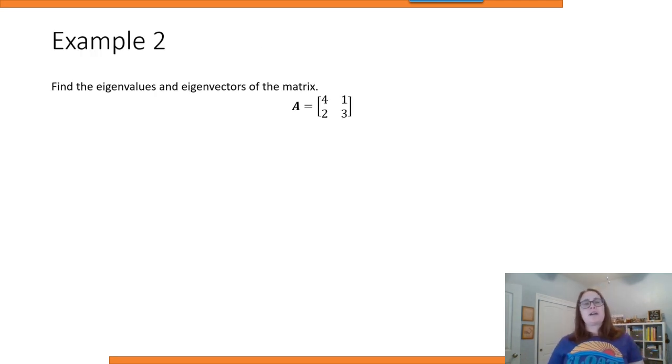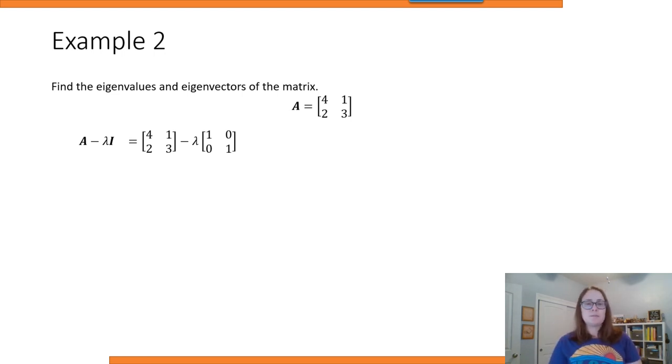Okay, so we want to find all the eigenvalues and eigenvectors of this matrix A, which is a 2 by 2 matrix with rows 4, 1, and 2, 3. So first thing I'm going to do is figure out what A minus lambda I is so that I can take the determinant of it. So I take my matrix A minus lambda times the 2 by 2 identity matrix, which is 1, 0, 0, 1.